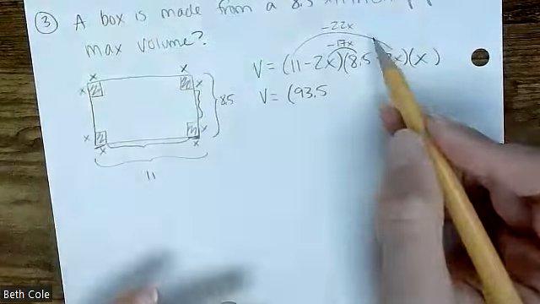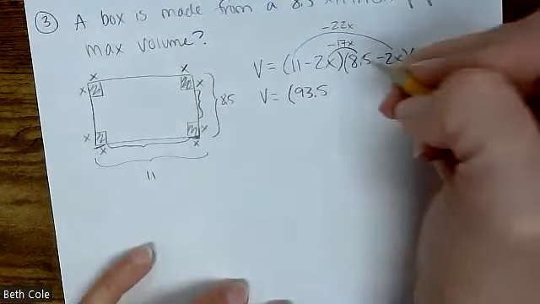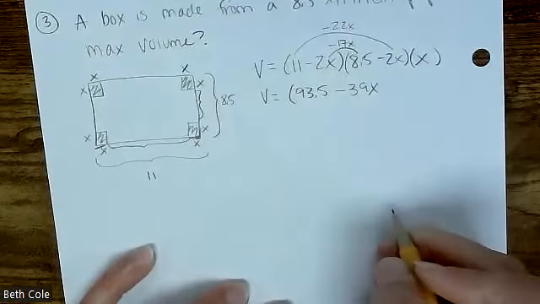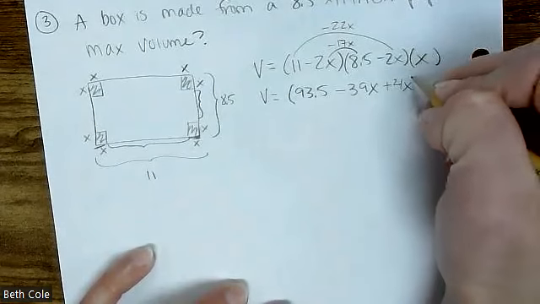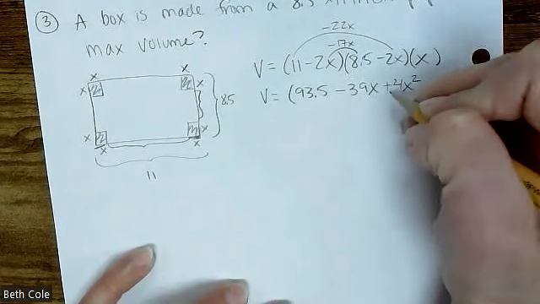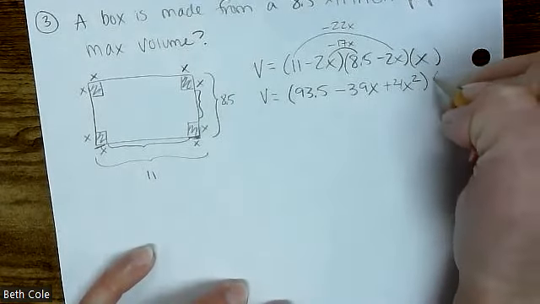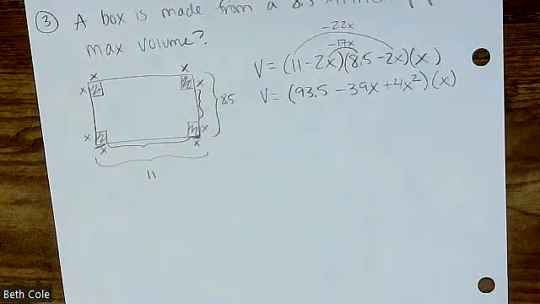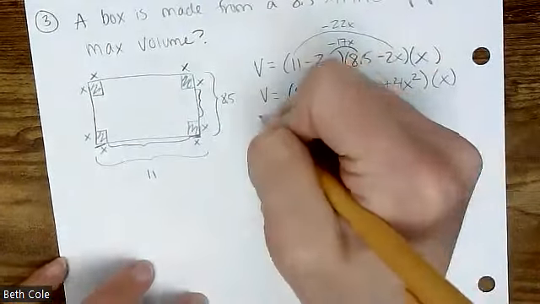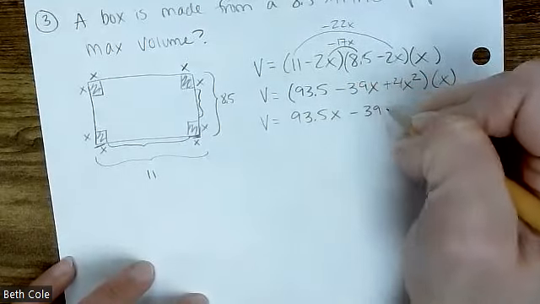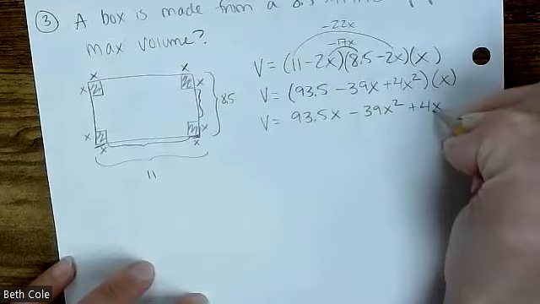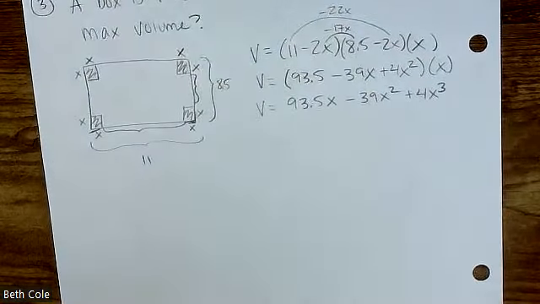So together, that would be minus 39x. Good. And then negative 2x times negative 2x, that would be plus 4x squared. All right, and then what do we still need to do? Distribute the x. All right, so 93.5x minus 39x squared plus 4x cubed.